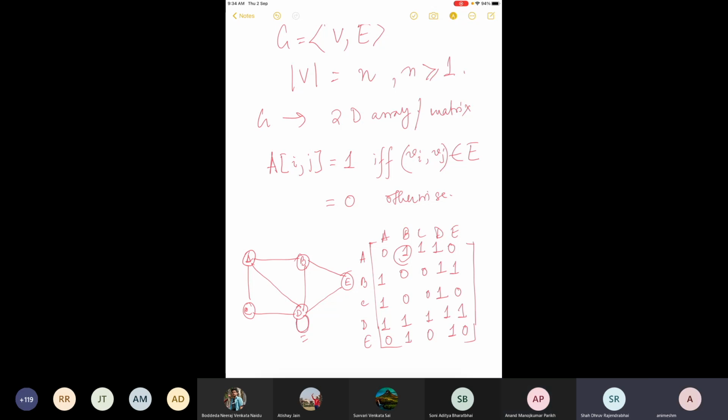This is a self loop. So otherwise it is 0. If there is no self loop, then it is 0, but if there is a self loop, there will be 1 here.